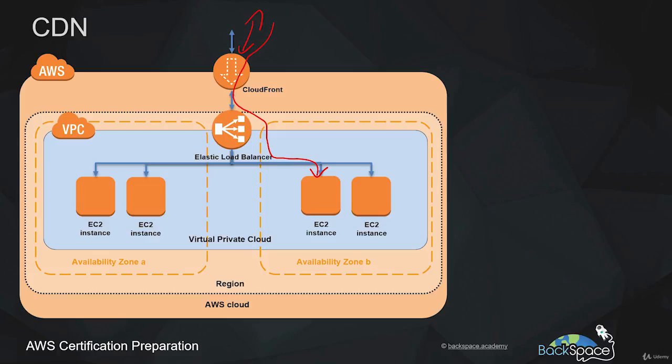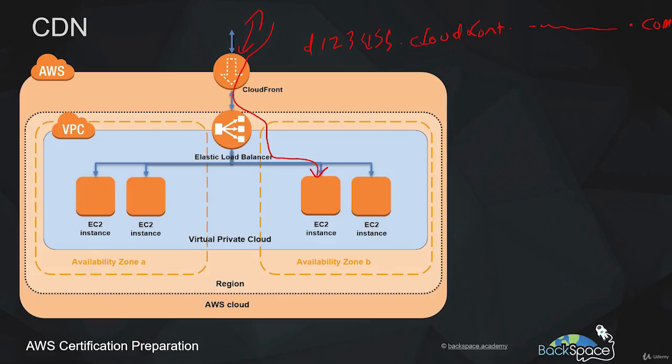Now that CloudFront distribution will have its own DNS name that we can put into a browser and we can directly access that. The problem with that is that the DNS name for that CloudFront distribution will be something very complicated and just won't mean anything to our end user at all. So we would prefer to have our end user type in a domain name and have the requests for that domain name forwarded to that CloudFront service.